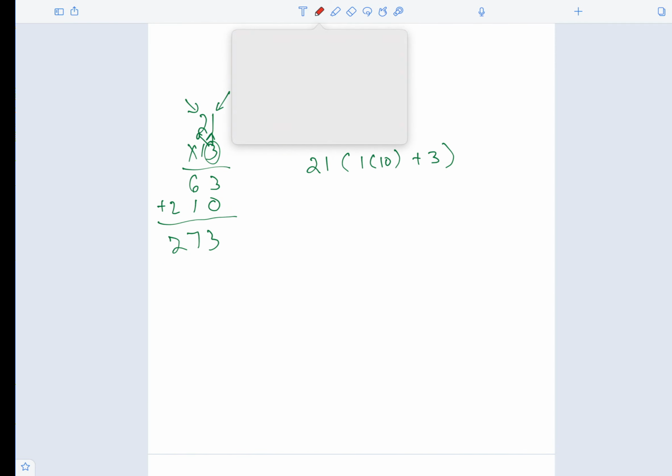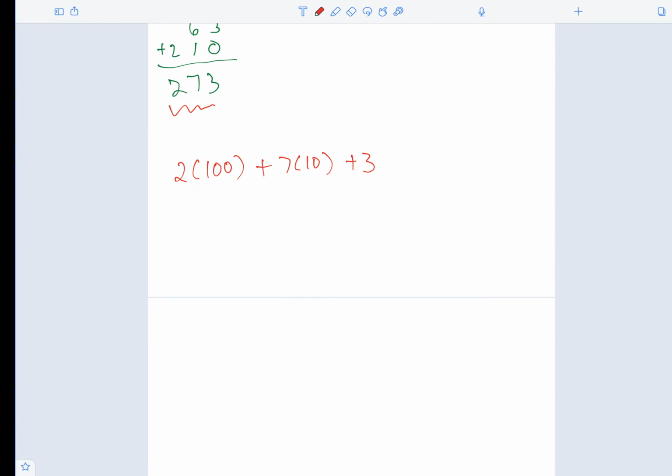If I give you this number 273, we can rewrite it as 2 times 100 plus 7 times 10 plus 3. And this isn't just some trivial idea or esoteric game that I'm playing here.